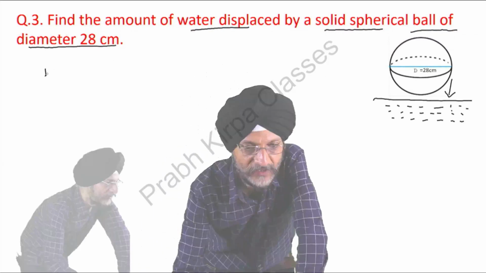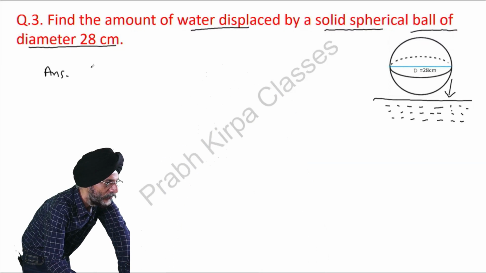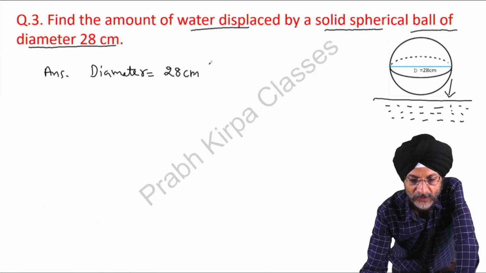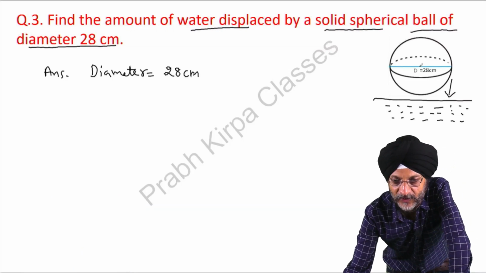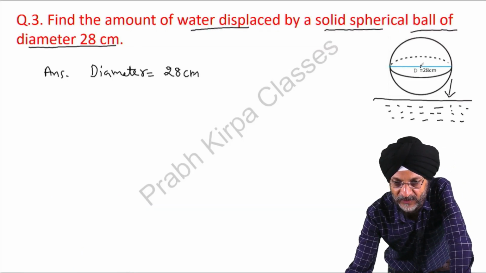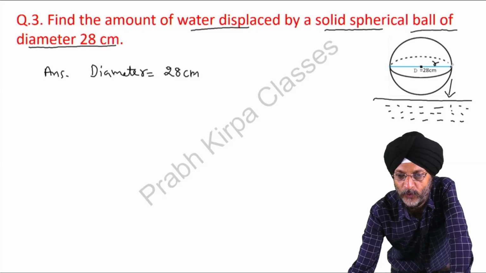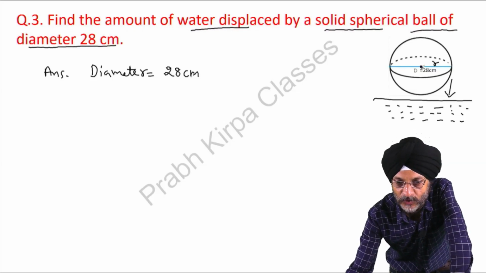So now what is given to us is diameter. Diameter is equal to 28 centimeter. You can see here that this is diameter. From this, we know that from the center, this is known as radius, and the distance between the central point and any point on the surface of the sphere is equal. So this is also r, and from this point to this point, this is also r.